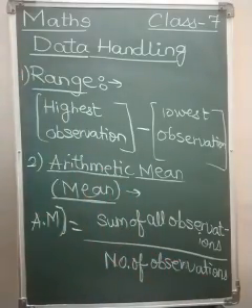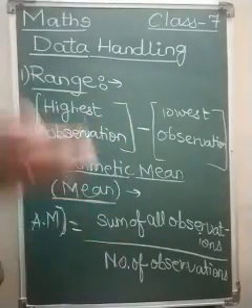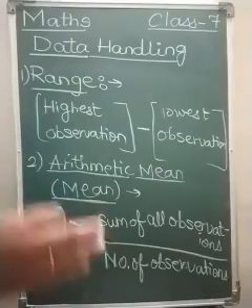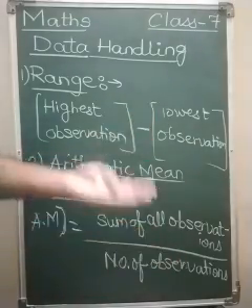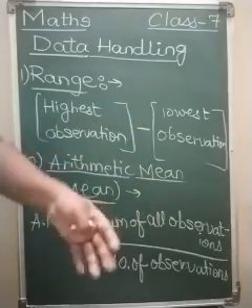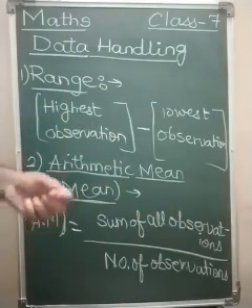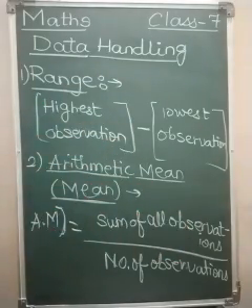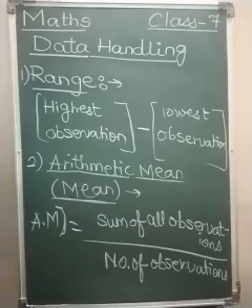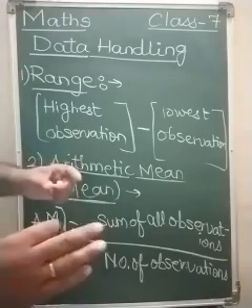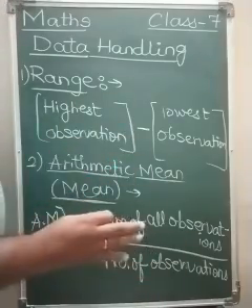Now suppose in our class 50 students are there, so we will have to add all 50 marks, the individual marks of each and every student. Some may get 20 marks, some may get 21, 22, 50, 35, 40, any marks ranging from 20 to 50, and all those marks we have to add. And number of observations: for how many students have we collected the data? We have collected the data for 50 students, since 50 students are there in our class.